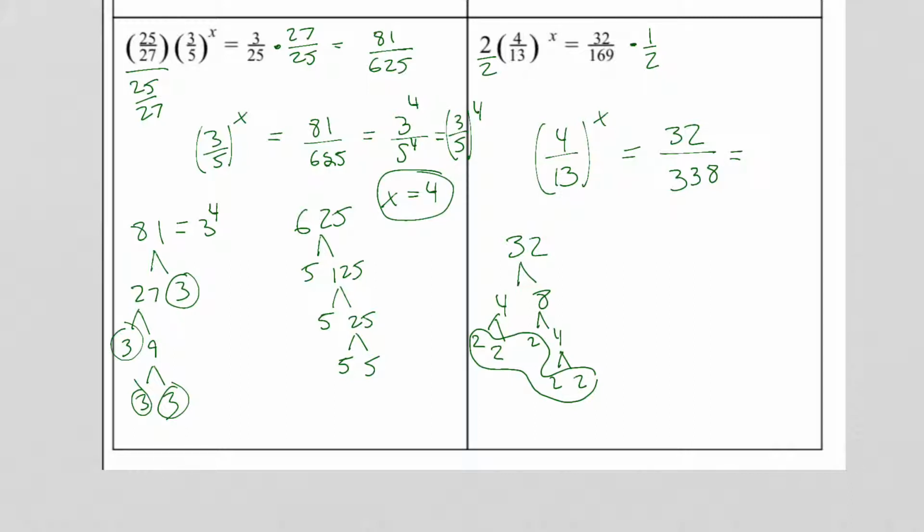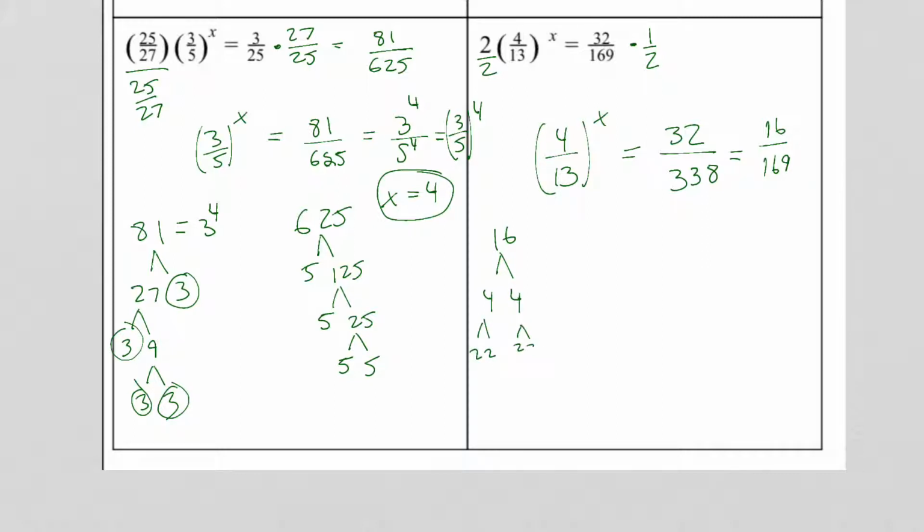This technically simplifies to 16 over 169. Scratch that out. 16 is 4 and 4, also 2 and 2 and 2 and 2.